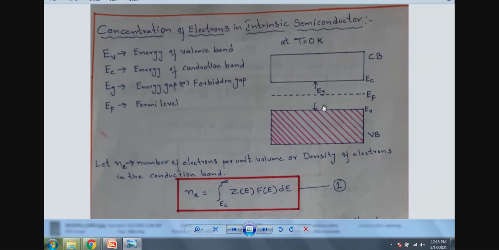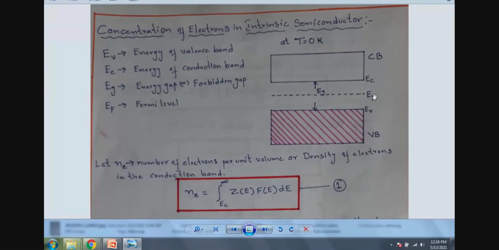Now you can see here a dotted line, which is called the Fermi level, represented as EF. I'll tell you later how to find that. It is exactly between the conduction band and valence band; it is midway between them.